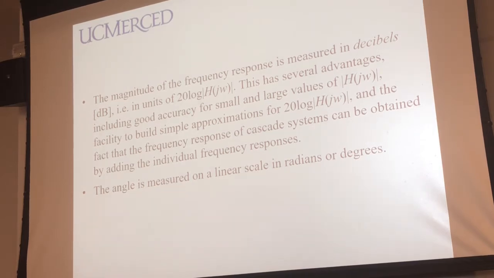Power is proportional to the square of the signal's amplitude or current. So you square, then you do log, and the 2 comes out here. The transfer function is a ratio between input and output magnitude, not power. Therefore, magnitude squared will be the power ratio. That is why you have 20. I hope that's clear.